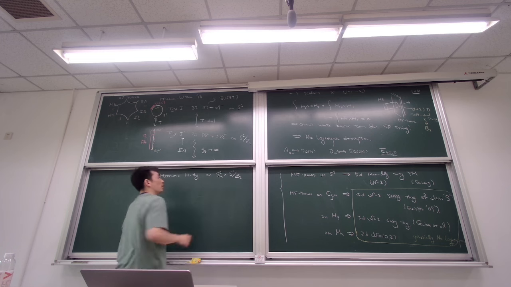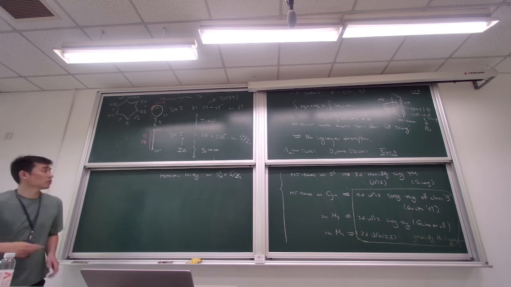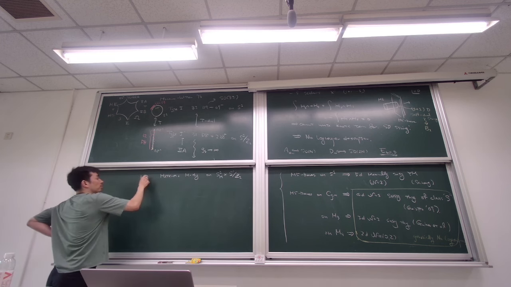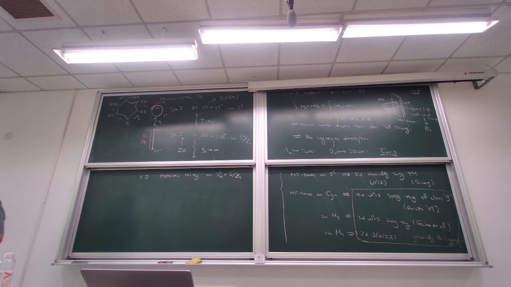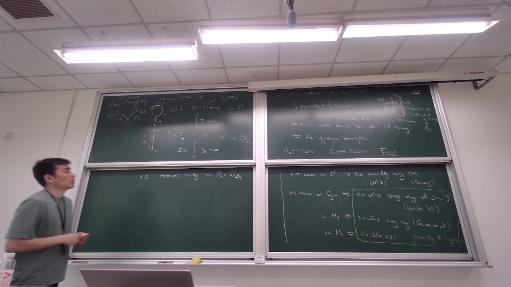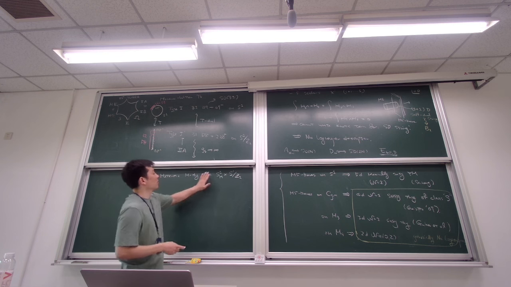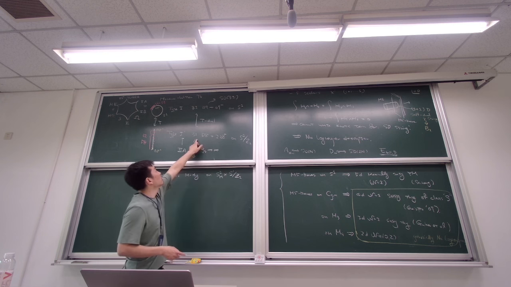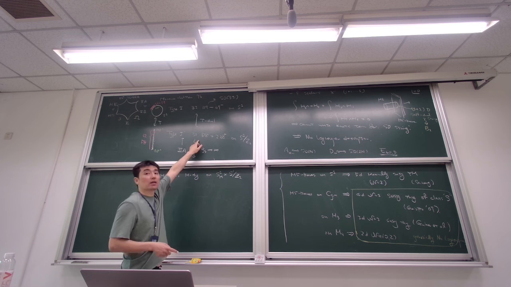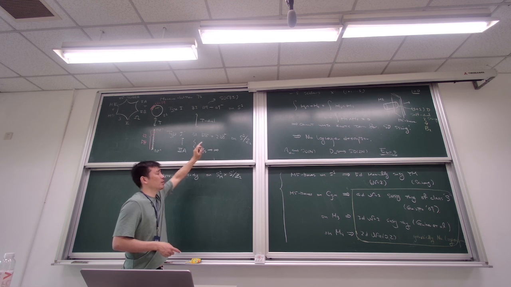This S1 is the M theory circle, so of course this is 11D. If you compactify the heterotic M theory on the S1, you will get type 2A, or type 1 prime.